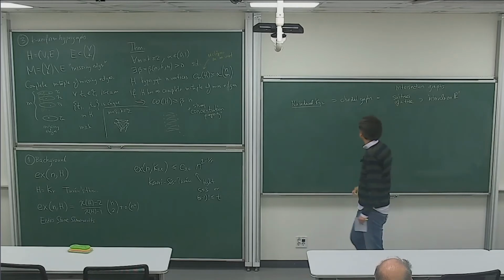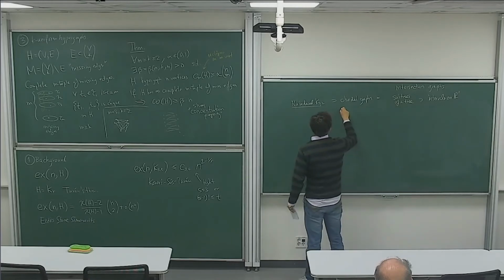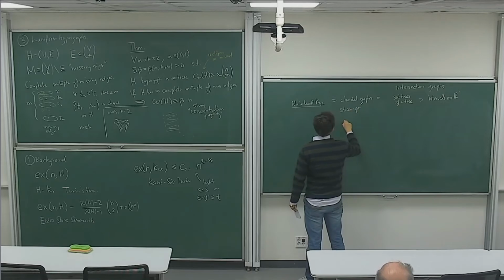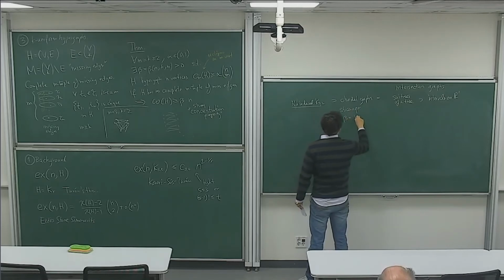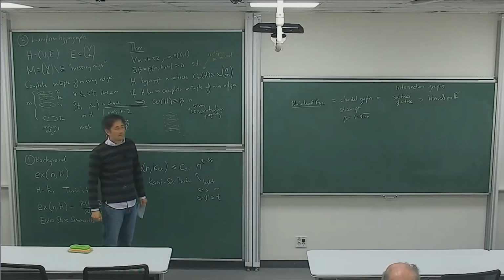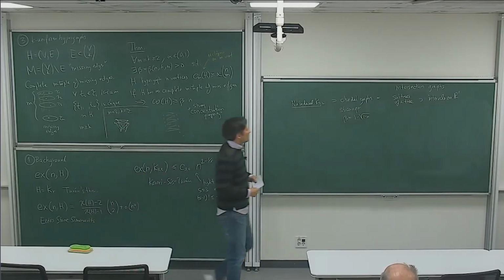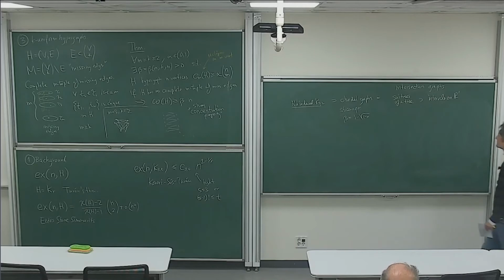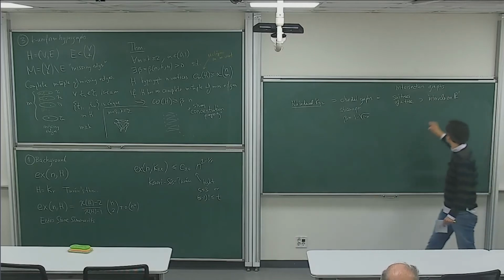So these guys have this strong concentration property with beta equals 1 minus the square root of 1 minus alpha. That's a known theorem, and it's been known for a long time.